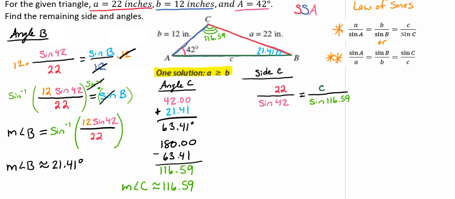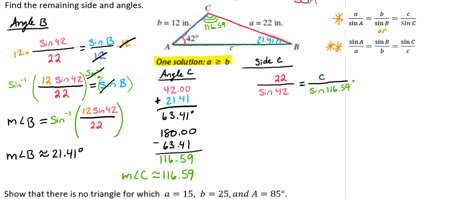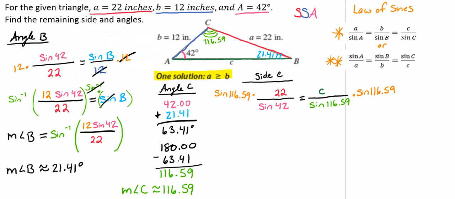And we're trying to get the C by itself. So we're going to multiply both the left and the right side by the sine of 116.59, because that's what's going to allow us to cross out those denominators so that we can find our side length C.